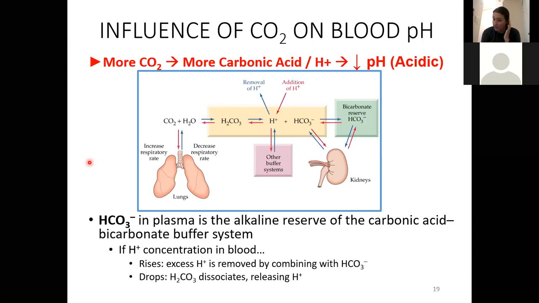Now we have enough information to have that conversation. Essentially, the more CO2 you have in your body, so the more active your tissues are, the more this increases your carbonic acid and therefore hydrogen ion concentration in your blood, which is going to decrease your pH.